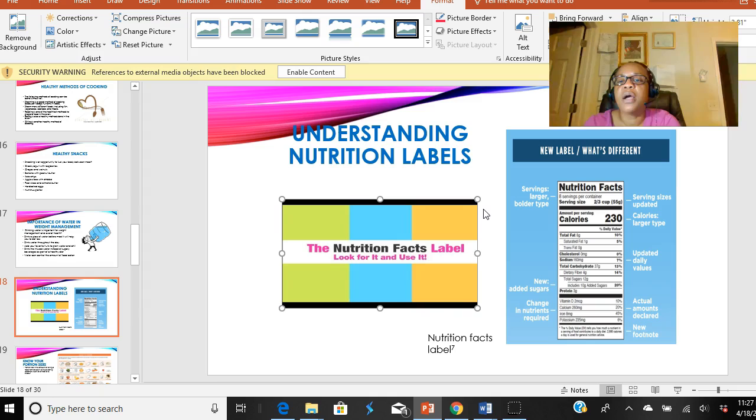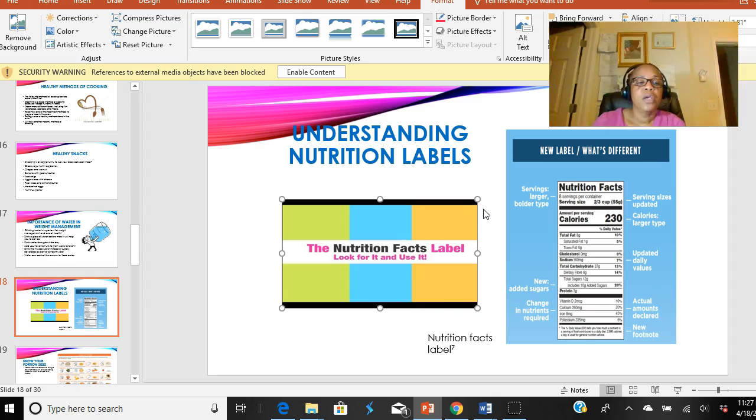Servings are larger and in bold type. If we look here, we see the serving size. It is in bold and it's 2/3 of a cup. Serving size is updated. It shows the calories in larger type, so you can't miss that. It shows updated daily values, which is important, and it also shows if there are added sugars.